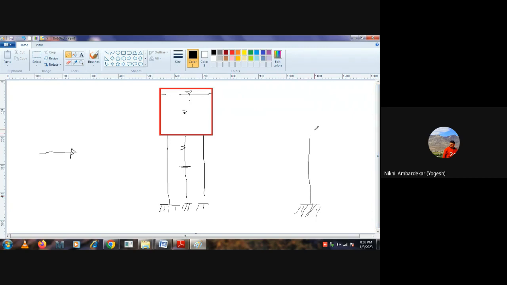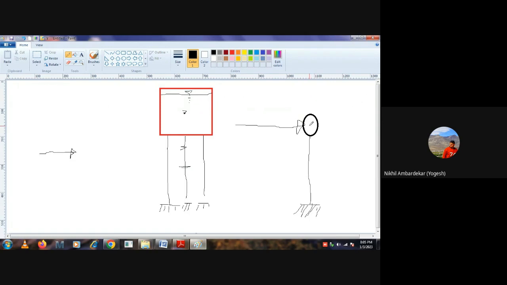And on that, I will replicate these entire things as a mass, and that is called a lumped mass. So this system is a lumped mass system.